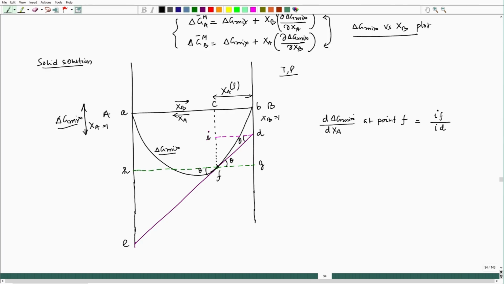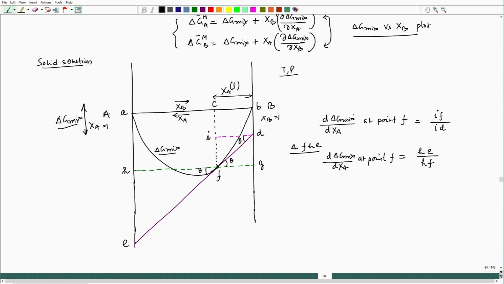Now, if I take this triangle FHE, I can find the same slope, delta G mix by delta x A at point F, written as HE divided by HF, because that would also give me the same slope.